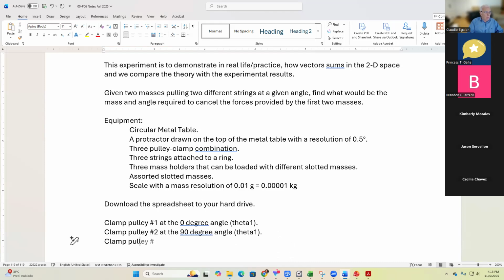Clamp pulley number 3 at the opposite quadrant with respect to the other pulleys, right?